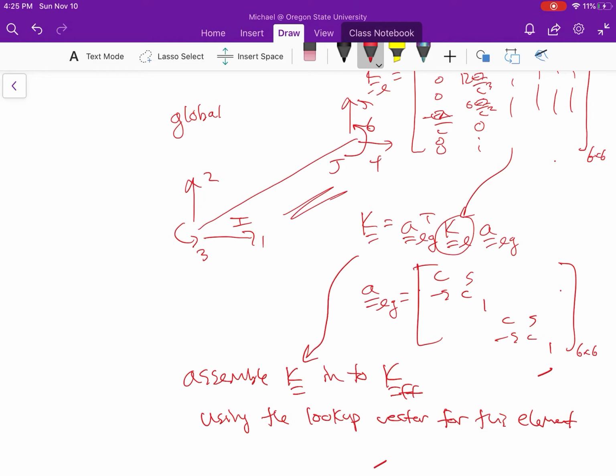Hopefully that gives some idea of the assembly process, the contribution of each element to the structural stiffness, and how each element's basic stiffness is transformed out to global, and then you use the lookup vector. Okay. Thank you.